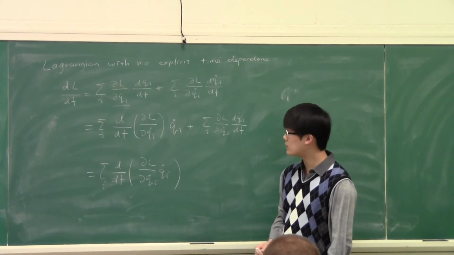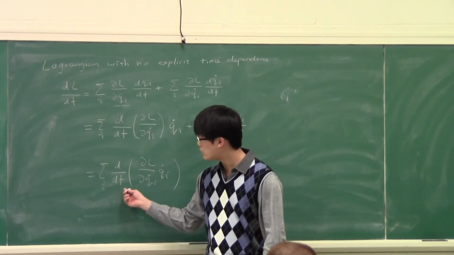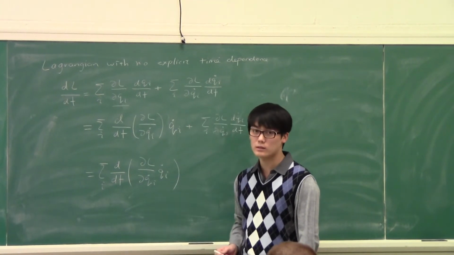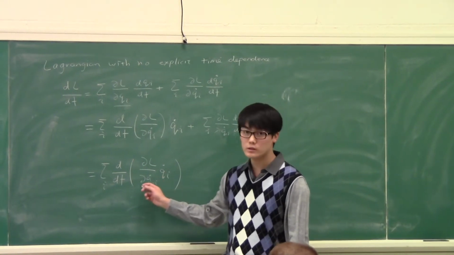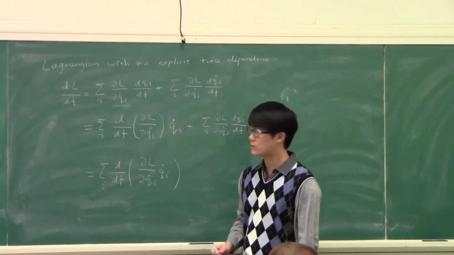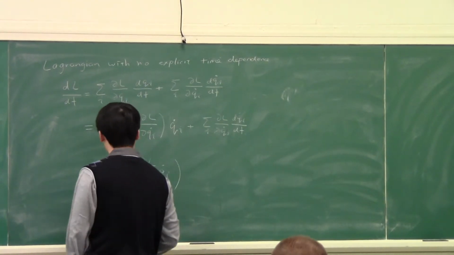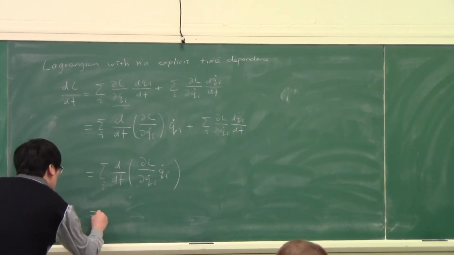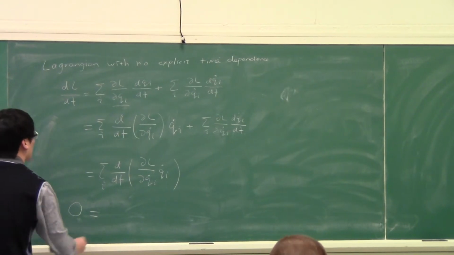So now we have reproduced a total time derivative on the right-hand side as well. If I now move this across, or move the Lagrangian to this side, what we will get is this.